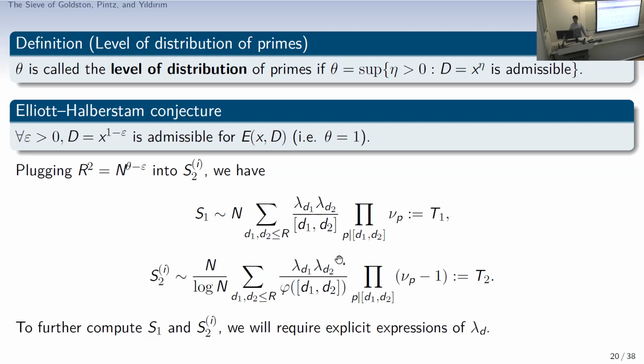To continue calculating the sum, we need to plug in some specific expression for lambda. All these steps so far don't really have a relationship with the lambda value. After this line, we need to look at how lambda affects the value of the GPY sum.